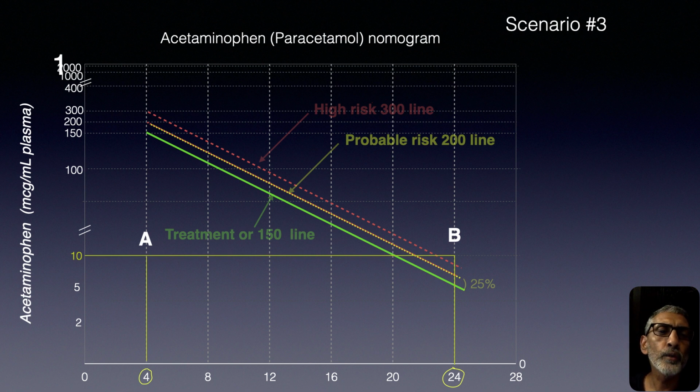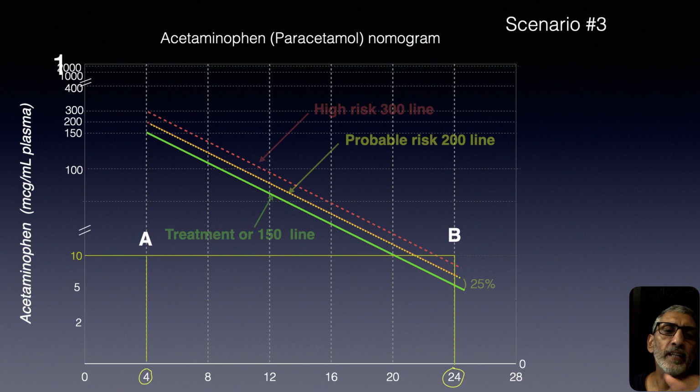Now if you look at point B, the acetaminophen level is 10 microgram per ml, but look at the time: it's 24 hours post ingestion, and point B is above the treatment line, in the probable hepatic toxicity area.